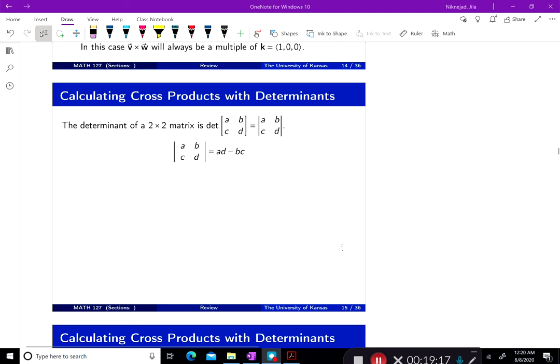So let's do a little review of calculating cross products using determinants.